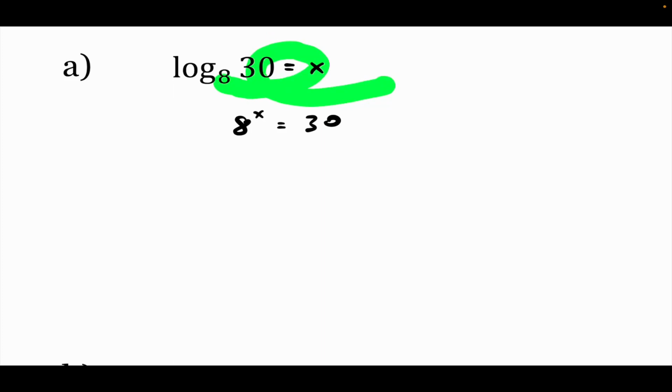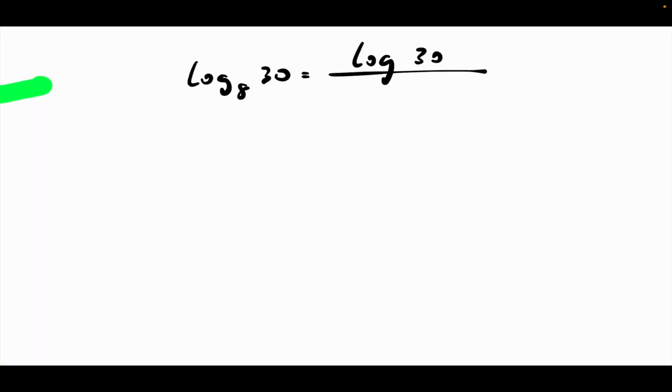The change of base formula says if you want to do problems like this, you do a regular log for the number in parentheses over a regular log for the base.